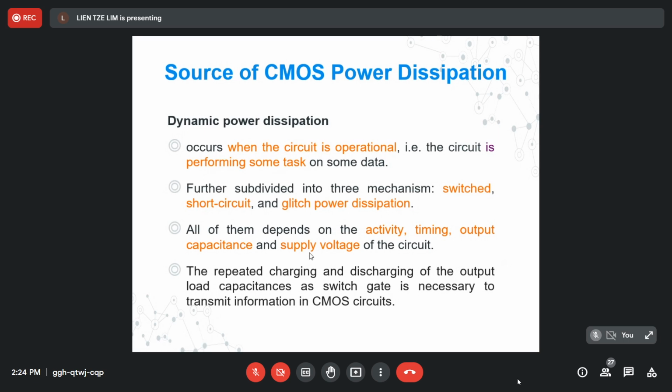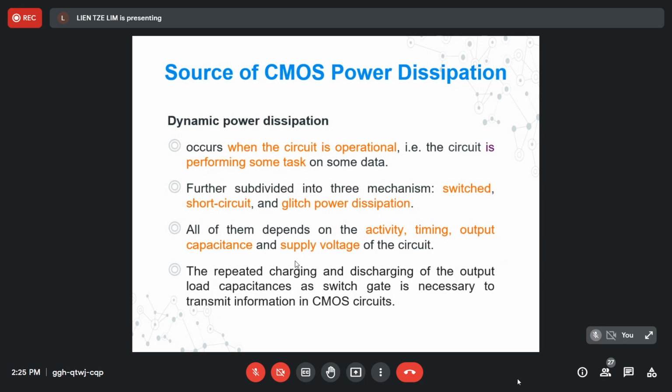Since dynamic power dissipation occurs when the circuit is on, the circuit is operating with several activities. All the activity involves switching, timing, and transmissions. When the circuit is on, it must also have a supply voltage.